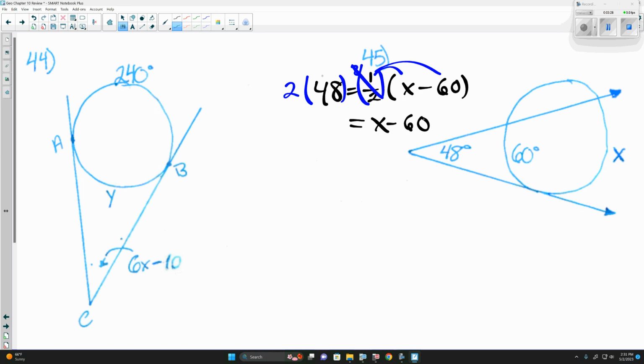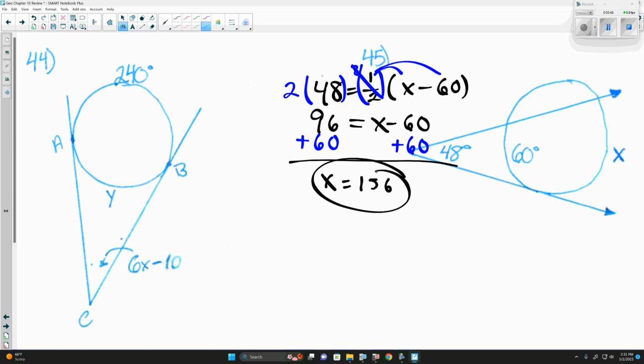48 times 2 is 96. At this point here, we can add 60 to both sides, telling us x is equal to 156 degrees.